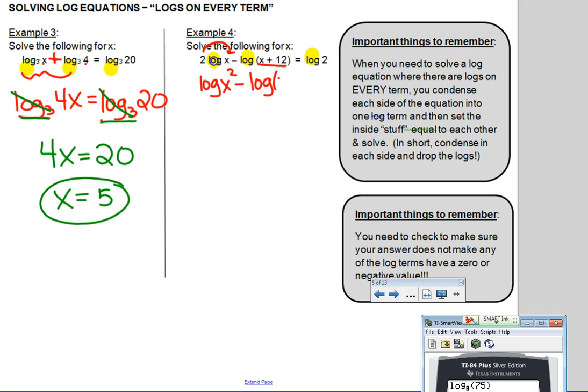It happens to be x plus 12. Okay, I can combine these 2 logs. We have a minus sign. That means I can combine them with division. The first term goes on top, the second goes on bottom.